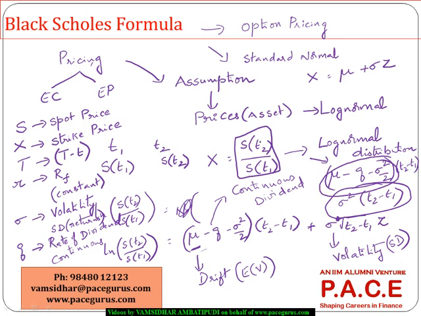So the logarithm of this is going to be a normal random variable, and I can express that normal random variable in the form of a standard normal variable using a mu plus sigma z kind of mechanism. So that is what is going to come out of this process.